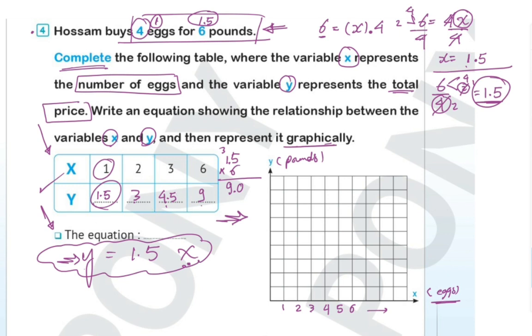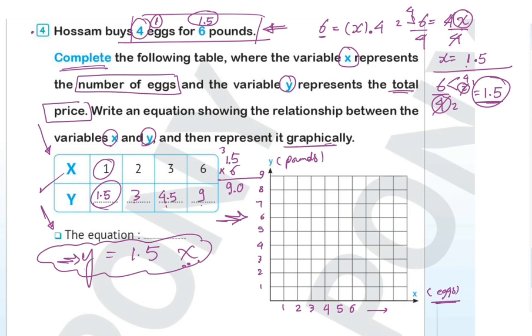So I need up to 9. 1, 2, 3, 4, 5, 6, 7, 8, 9. Don't forget that we have 0.5 as half. 1.5 is between 1 and 2, as the middle between this space.